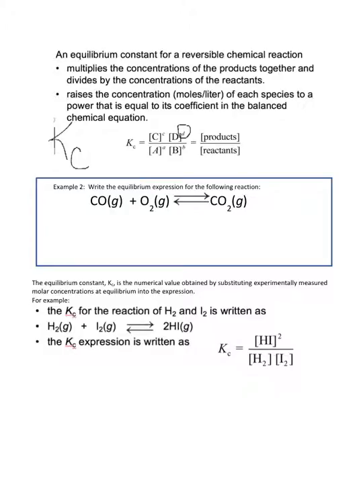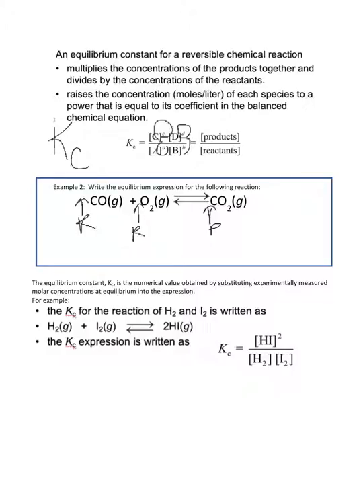Remember that the coefficient is the number that comes just before each molecule in a reaction. So it is the concentration of the products raised to a power based on the coefficient divided by the concentration of the reactants. We've got products here and reactants here. Divided by the concentrations of the reactants also raised to the power of their coefficients.